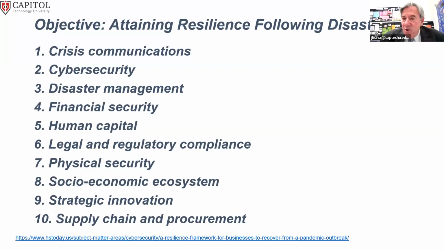Maintaining physical security, having a robust and healthy socioeconomic ecosystem, such as an effective medical system, transportation system, and so on in your environment.